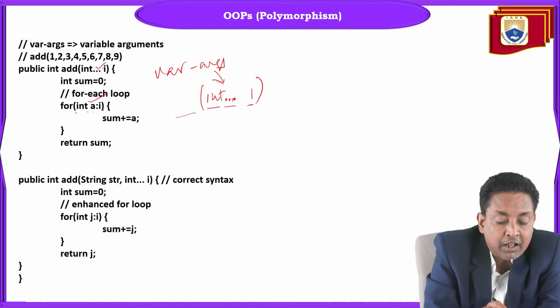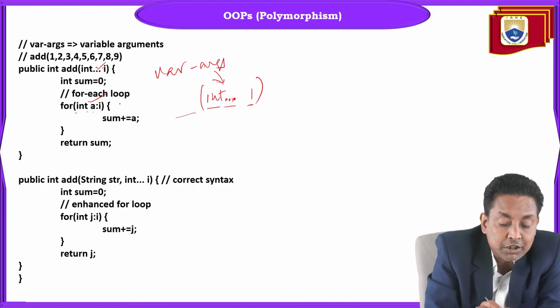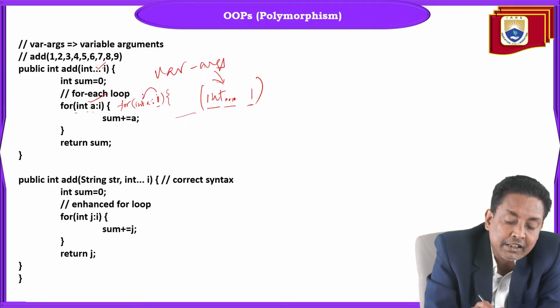For int a colon I, this is called a for each loop or enhanced for loop. In this for loop, on the right side we need to write the array variable name, and on the left side we need to write a single variable name. Int a colon I. So I is the array variable. From I, each index value will automatically populate into a.